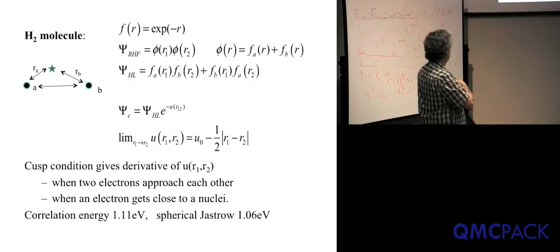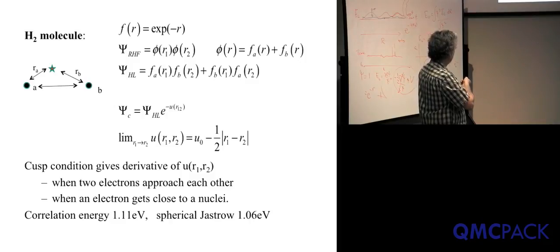Well, I'm sorry, this is one electron here. This is the distance between the two protons. So the wave function has to have this form. Usually, this is a good wave function. It's called a Heitler-London function, where we have an orbital on A plus an orbital on B times an orbital on B, plus the symmetric combination.